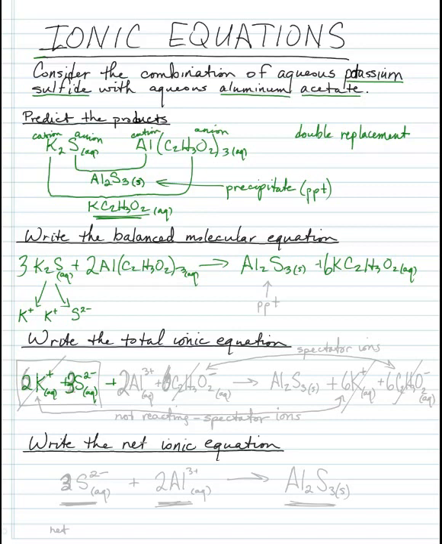The aluminums don't go off with the acetates. They separate into individual pieces because they're ions. The water molecules are attracted to the ions and take them around individually. And so each aluminum acetate breaks up into 1 aluminum ion and 3 acetate ions.